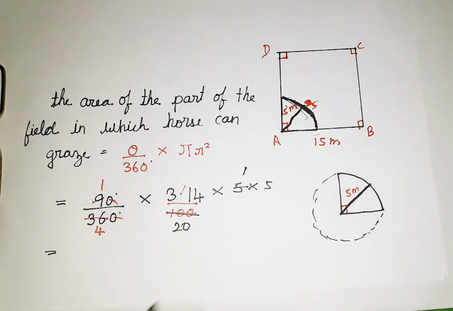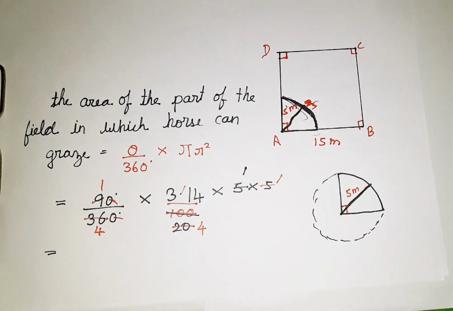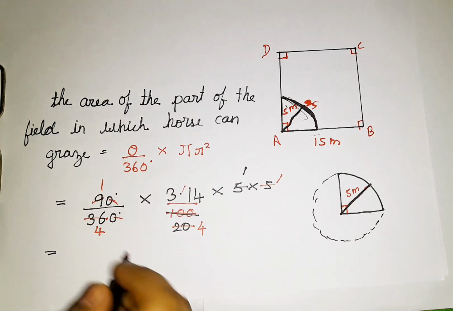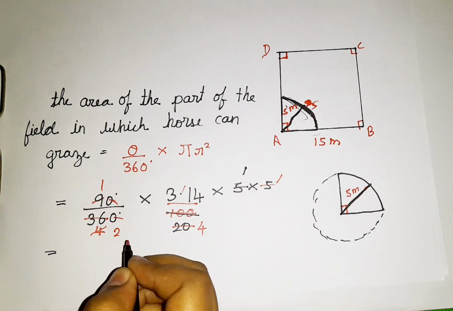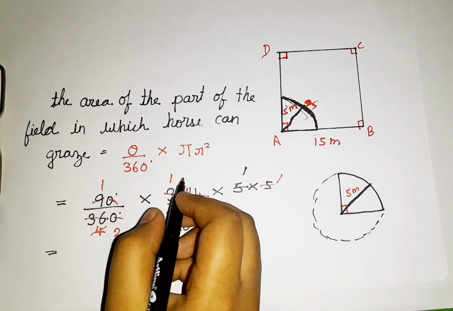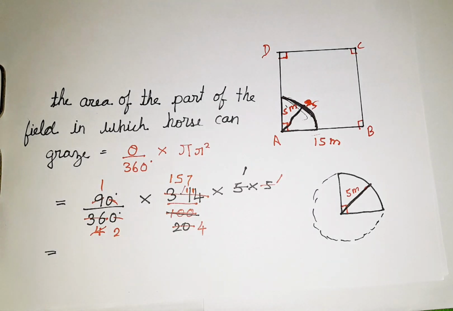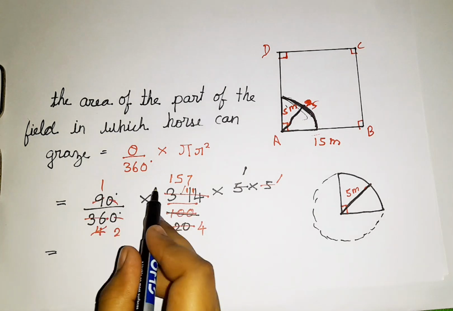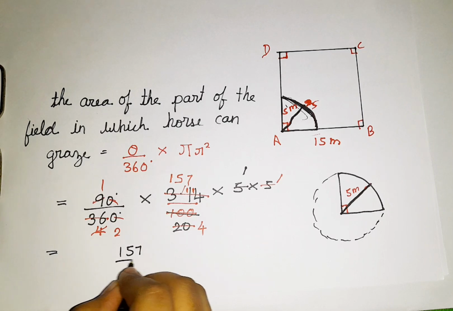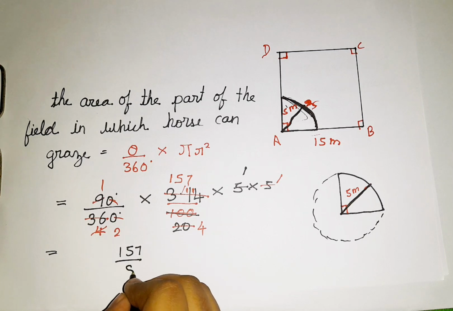We can cancel this 20 and 5 in the 5 table: 1 5 is 5, 5 4s are 20. Now we can cancel this 4 and 314. 2 2s are 4, and 1 2 is 2, 5 2s are 10, 7 2s are 14. So in the numerator we have 157, and in the denominator we have 2, 4 2s are 8.